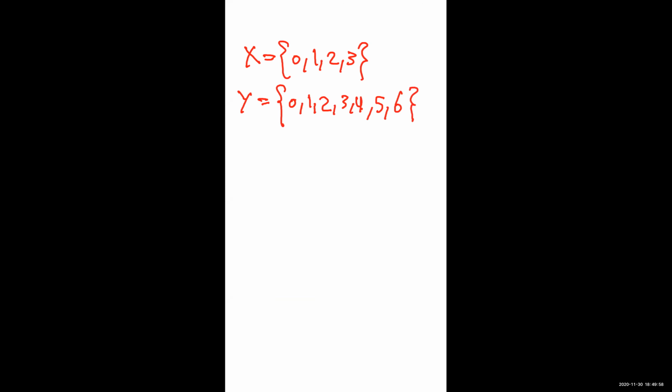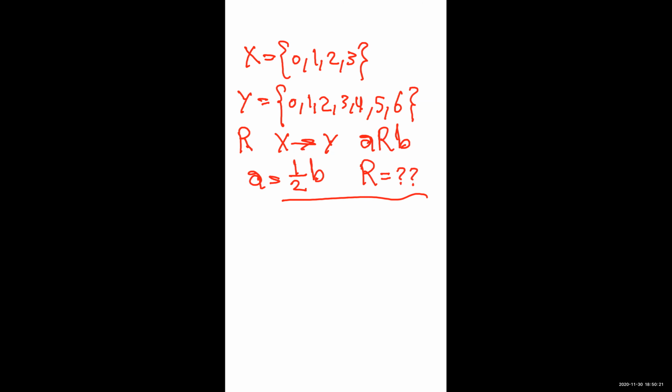The relation here is from X to Y. And a R b means a equals one over two b, or equals half b. Now write the relation.